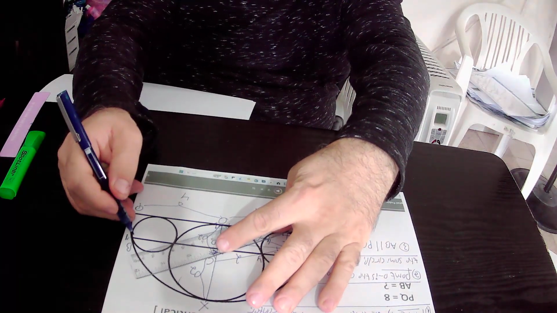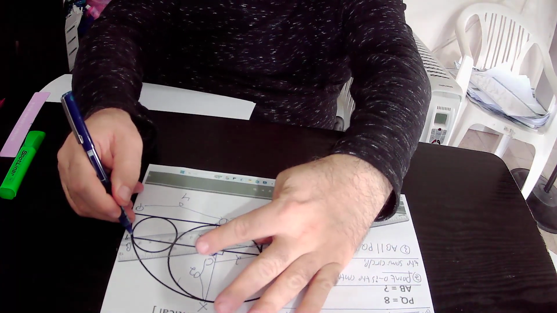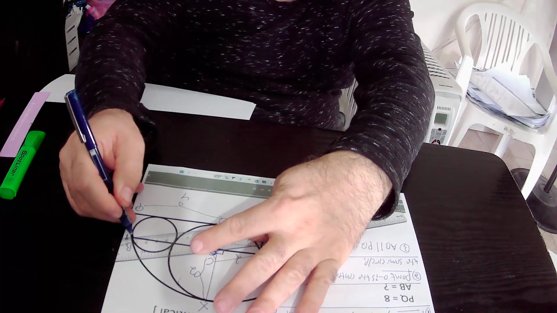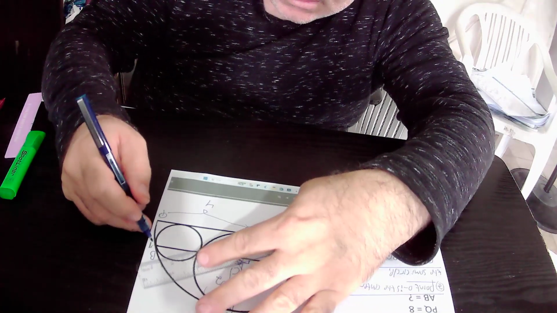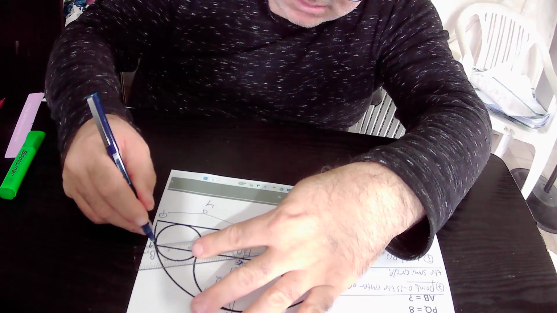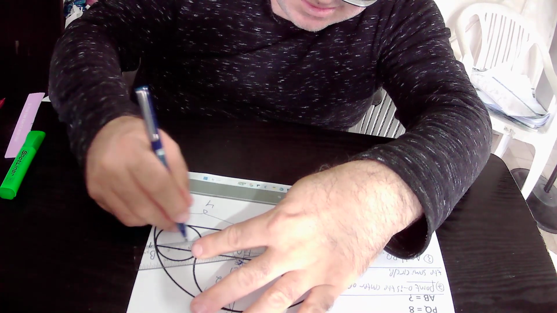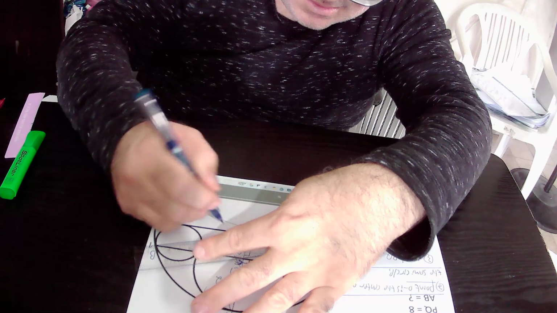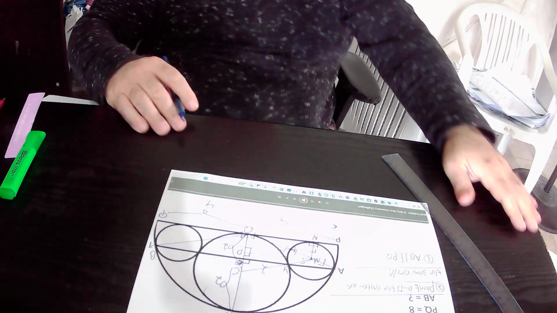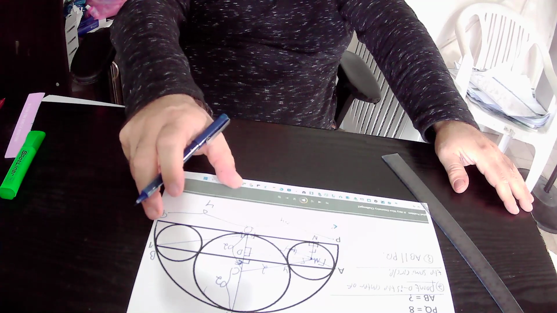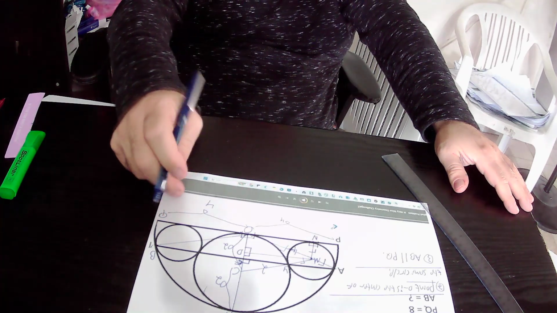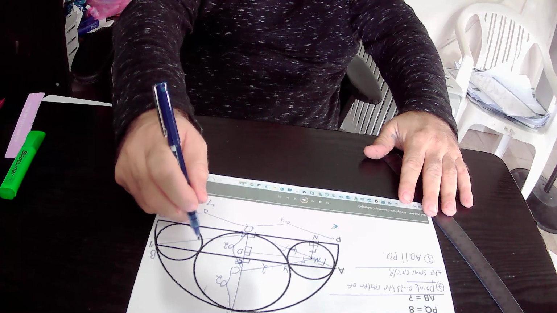We know that OB is the radius of the semicircle, that is to say it equals 4 units.